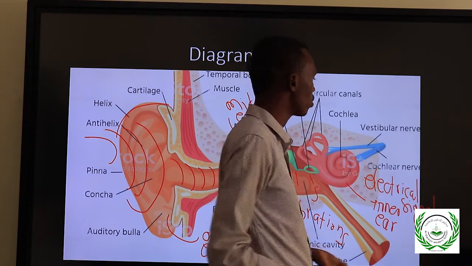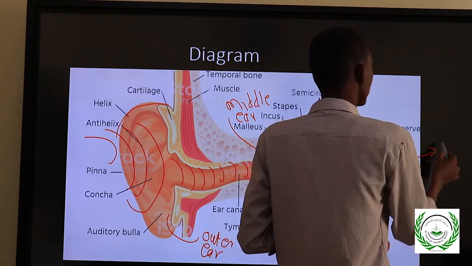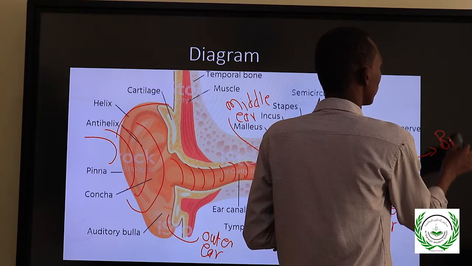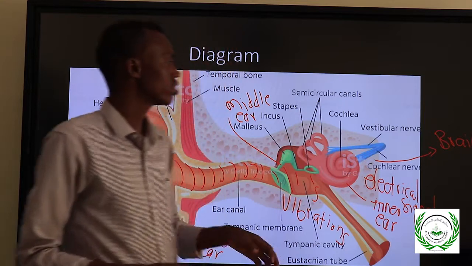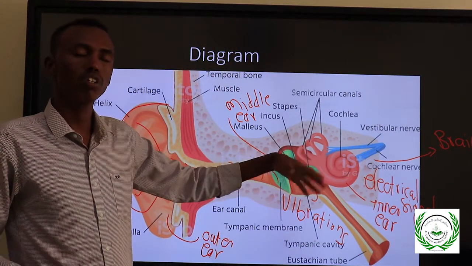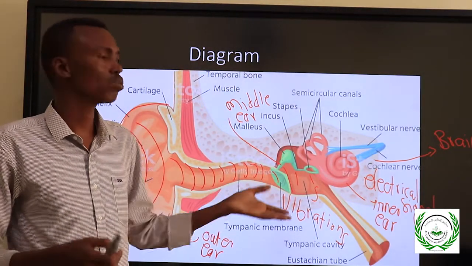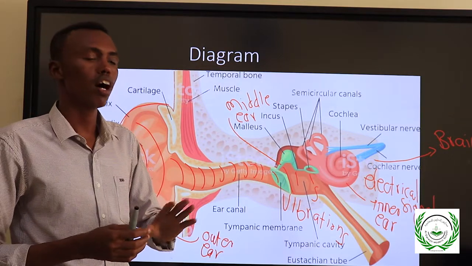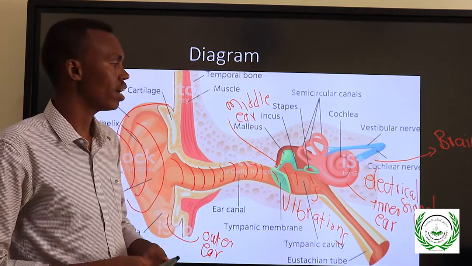So finally the information is taken to the brain, and your brain recognizes, interprets, processes, and analyzes what you have just heard. Then you finally recognize what type of sound you have just heard.